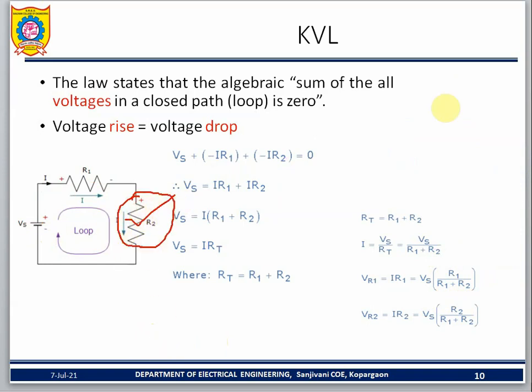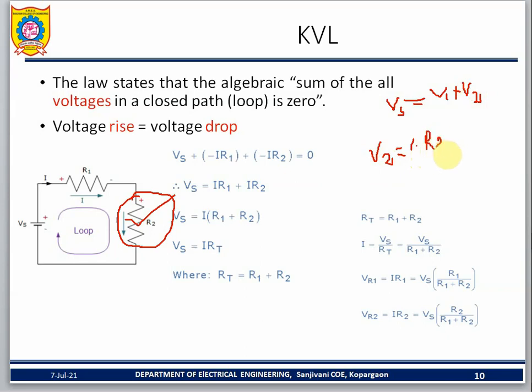Vs is equal to V1 plus V2. Can you find out V2 fast? With the help of the voltage divider rule, you can find it fast. What is the general formula? By Ohm's law, V2 is equal to I into R2. But I don't know the I value. Then what to do?